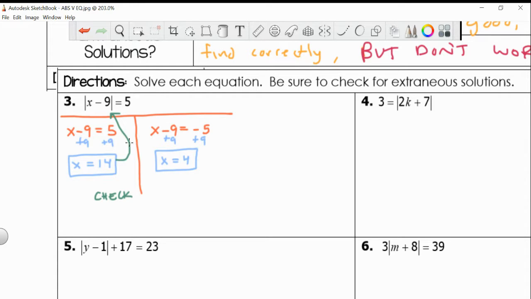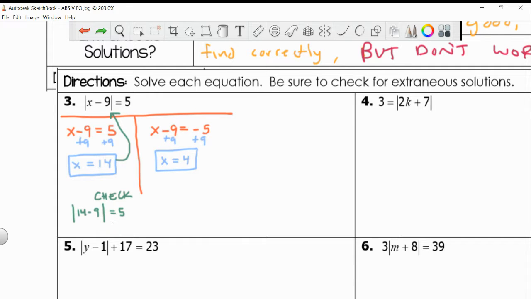And I know checking work is the most annoying thing in math. I know it is, okay? The absolute value of 14 minus 9 equals 5. And how I like to do this is just check this in your head, okay? 14 minus 9, that's 5. The absolute value of 5 equals 5.